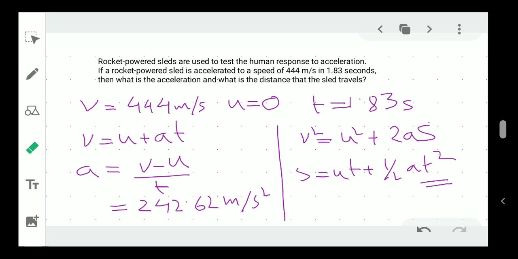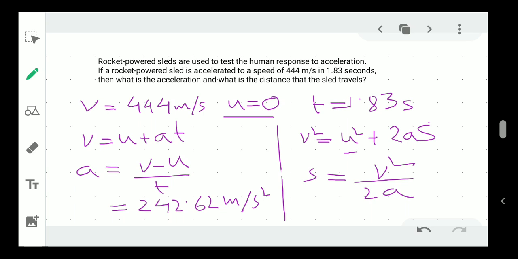When we know the formula v square equal to u square plus 2as, and we know the terms v, u and a, it is easier for us. Also u equal to 0, so this term is gone already, so we can easily find s equal to v square by 2a.